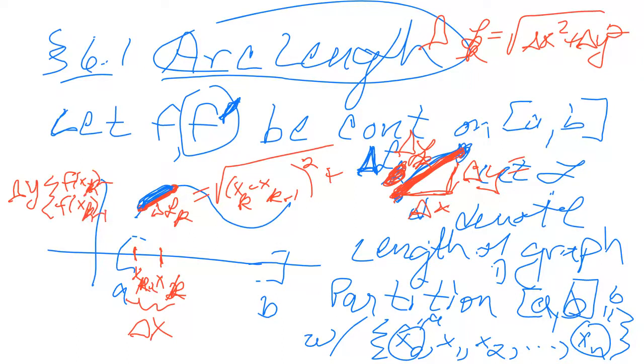So it'd be plus f of x sub k minus f of x sub k minus 1. Anyway, long story short, quantity squared, right? And it's the square root of that whole thing. So let me clear this. I know you were writing that down, but you can go back and look. Anyway, long story short, it's not really a Riemann sum. So what we're going to do is we're going to take the limit as the norm of the partition goes to 0.